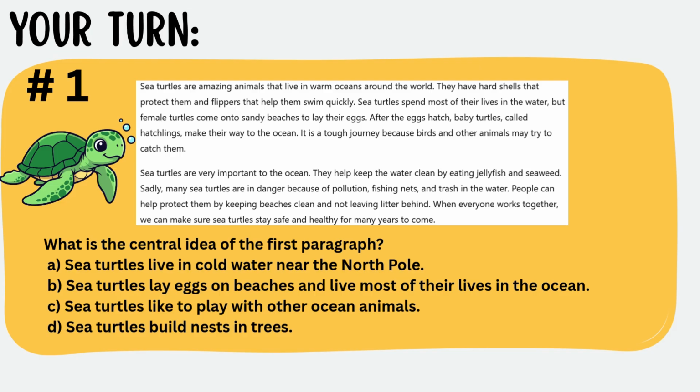All right, now it is your turn to practice. So pause the video, read the text. This text will be used for question number 1 and question number 2. Again, think, what is the central idea of this text? What is the topic plus the point? What topic is the author trying to make in this text? And what is the point that the author is making?